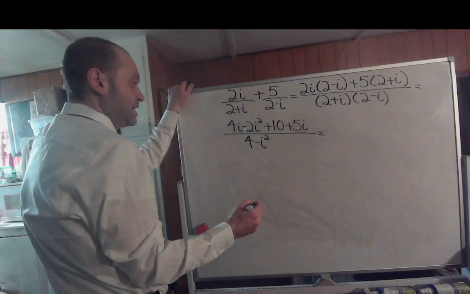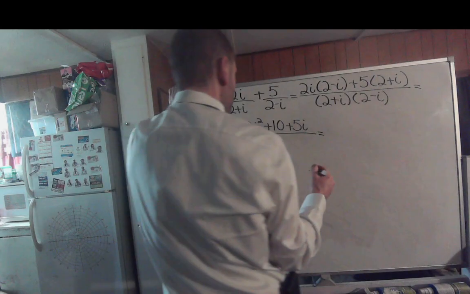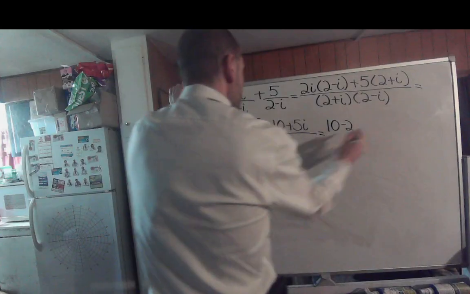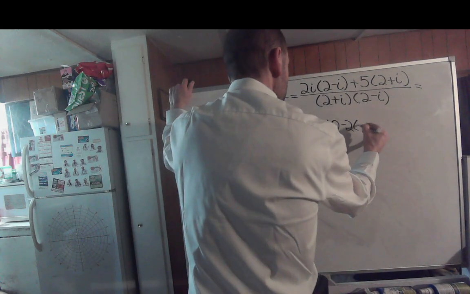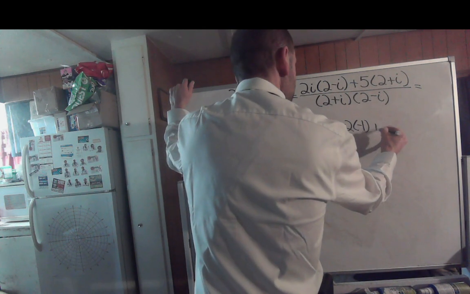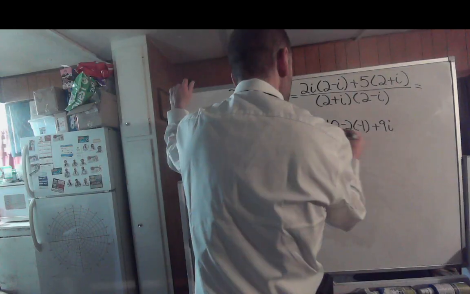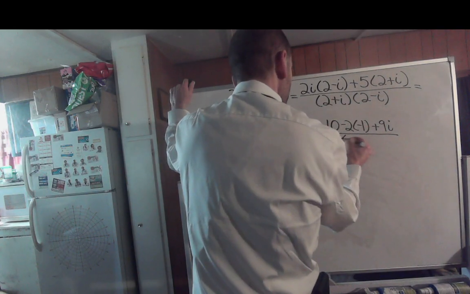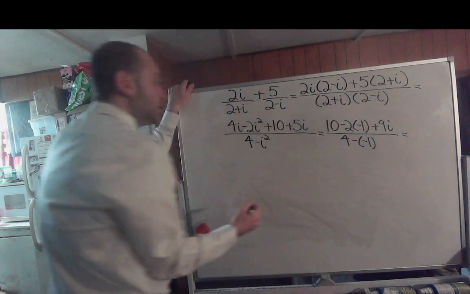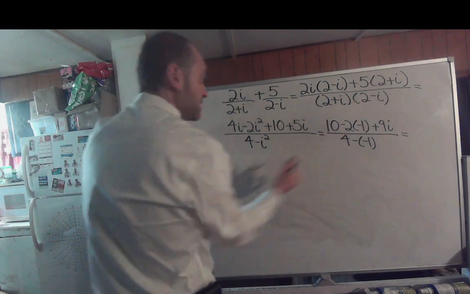So let's see, in the numerator this would simplify into 10 minus 2 times that i squared, which is negative 1, plus 9i, all over 4 minus negative 1. So let's see, 10 plus 2 is 12.